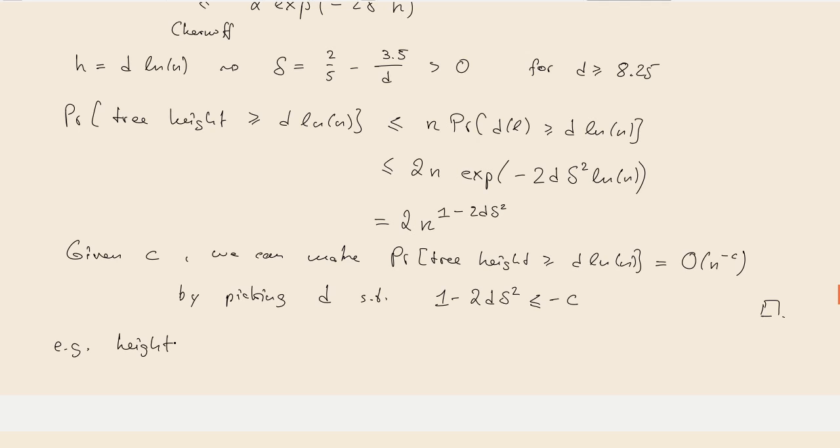So for example, that the height is 42 ln n gives a probability bound of n to the minus 7.4, which is really a very, very small probability, right? So for large n, this is essentially less likely than that some hardware problem makes your computation break down. And 42 ln n is not astronomic, okay?